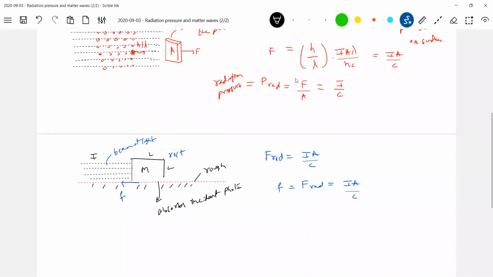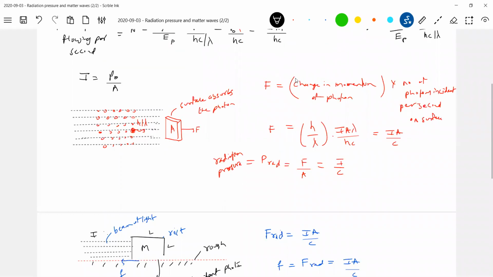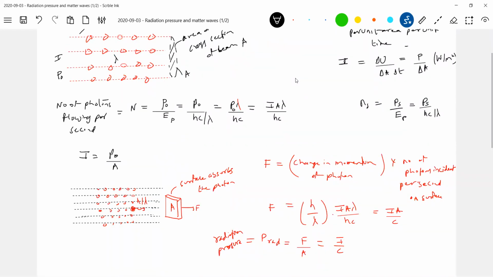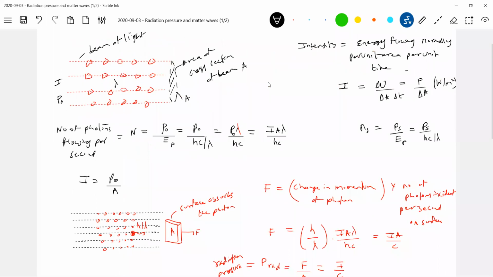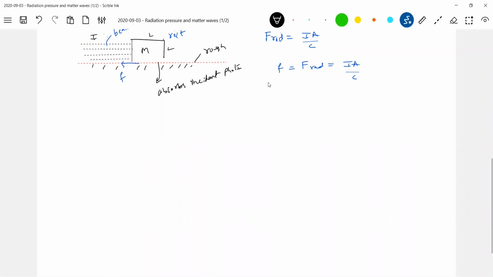This is again ideal, because usually we get surfaces which absorb partially and reflect partially. And next, if the surface reflects completely, then what is the change in momentum? 2h by lambda.